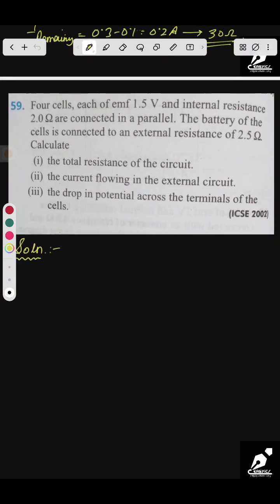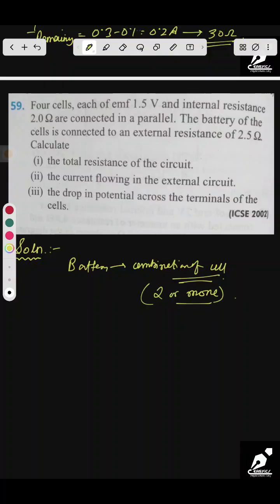It has already been 1 hour, 1 hour, not hours, I know. 4 cells, each of EMF 1.5 volt and internal resistance 2 ohm, are connected in parallel. Okay, there are 4 cells. What is a battery? A battery is a combination of 2 or more cells combined.